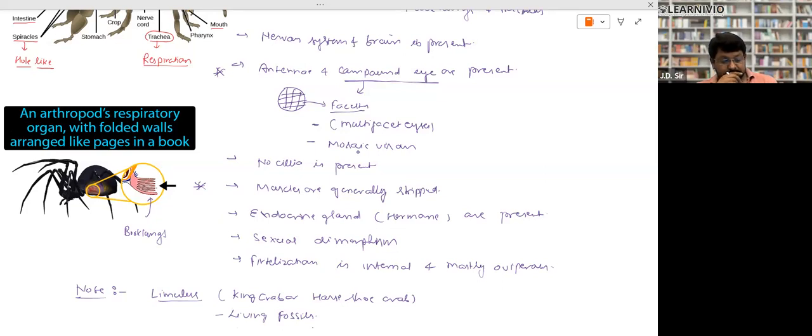That is, they are capable of rapid action. Next point.